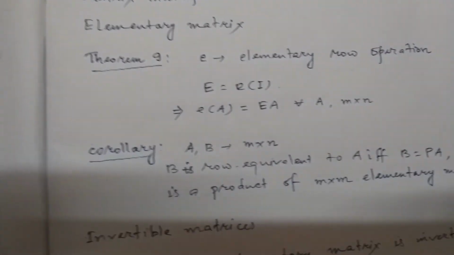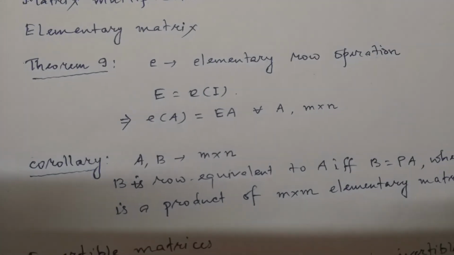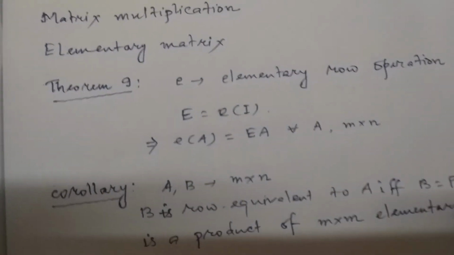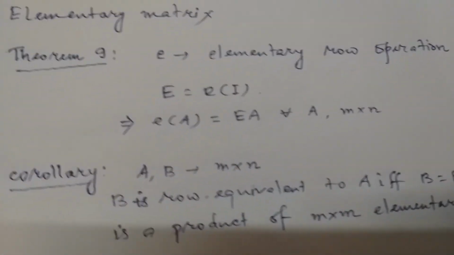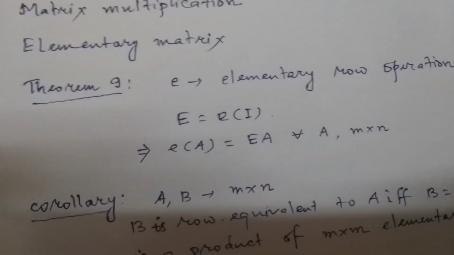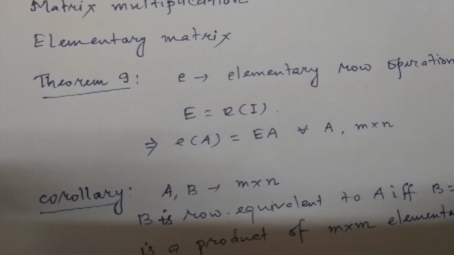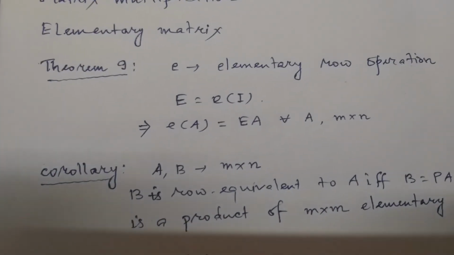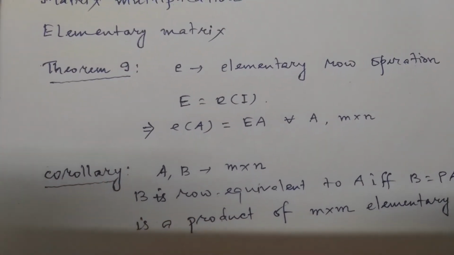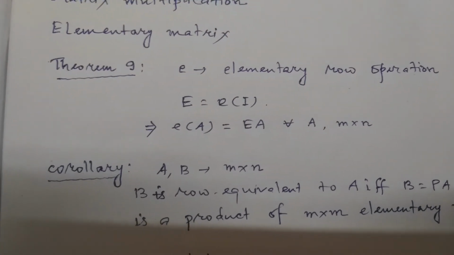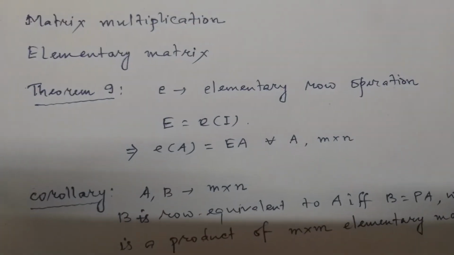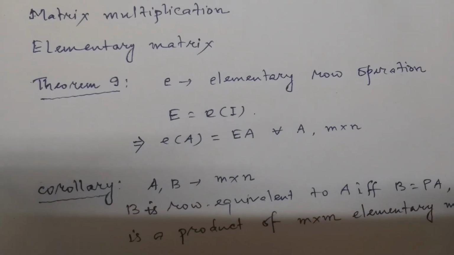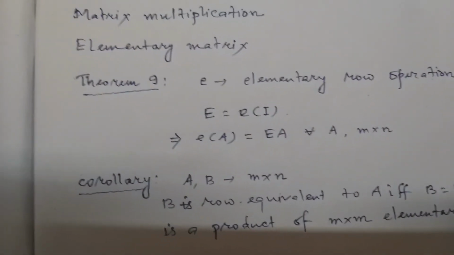Next theorem: if e is an elementary row operation, then e(A) is obtained as follows: e(I) = E is a matrix, and for any m cross n matrix A, applying the operation e actually means we multiply A with E. It is pre-multiplication.